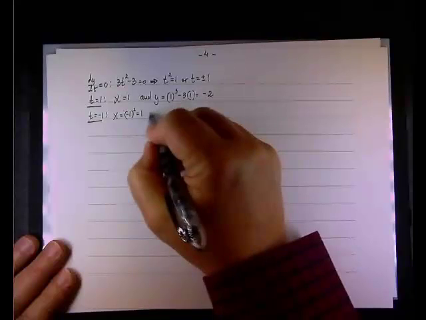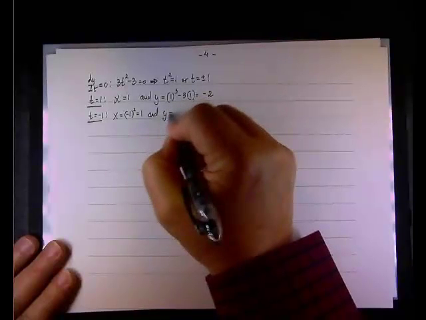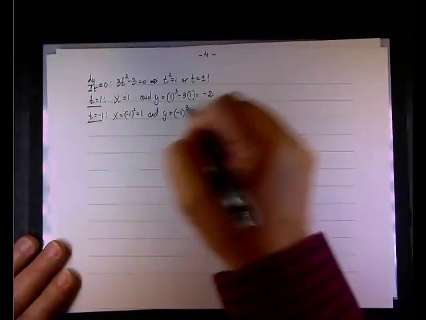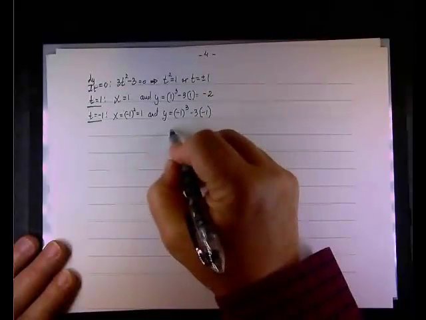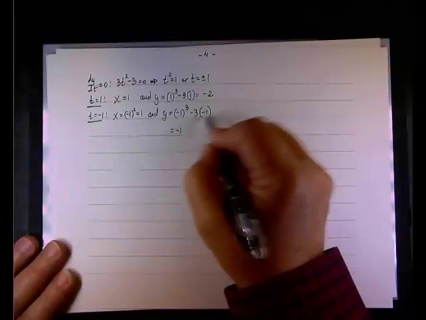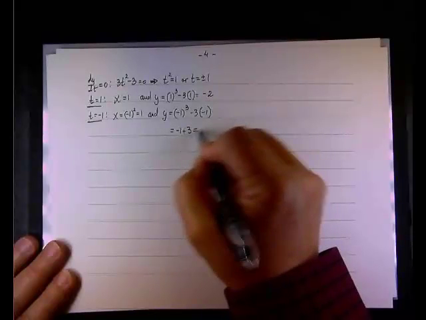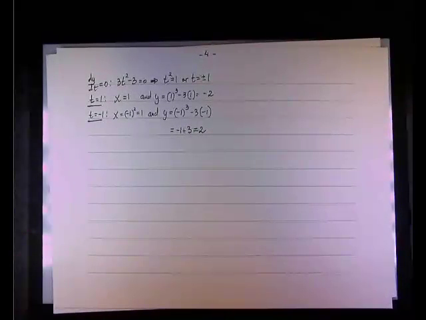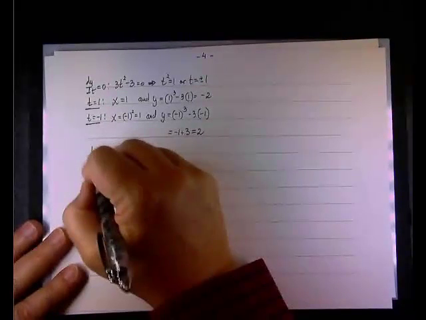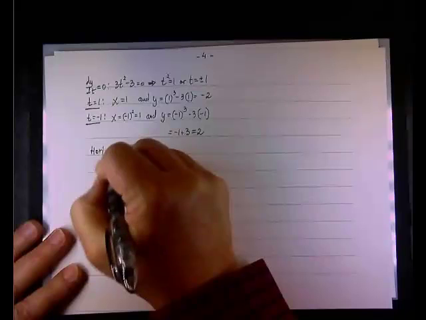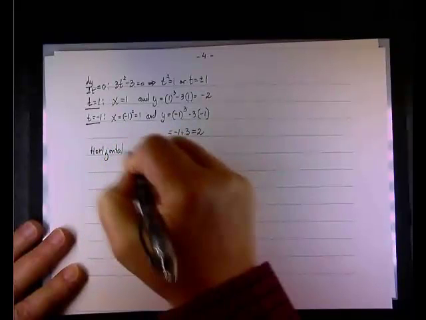Okay? When t equals negative 1, then x equals negative 1 squared, still 1, and y equals negative 1 cubed minus 3 times negative 1. So this is a little bit different story. It's negative 1 plus 3, so it's positive 2.